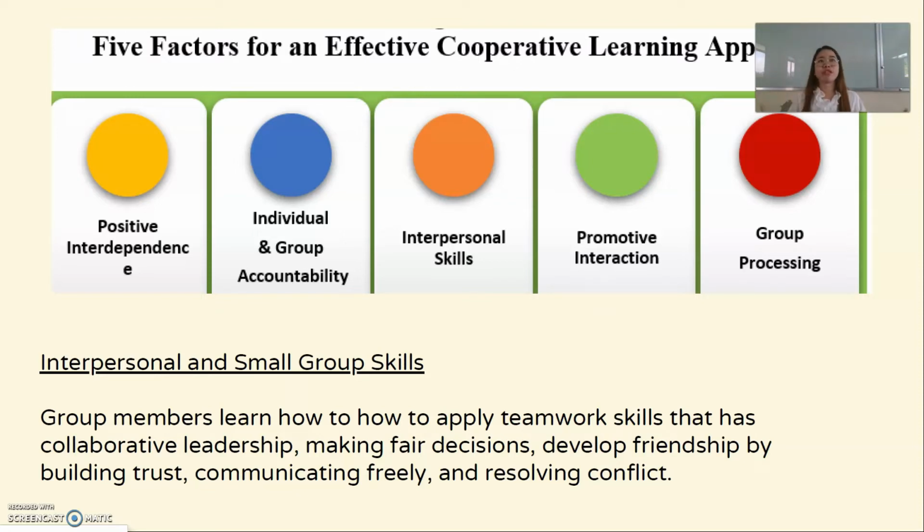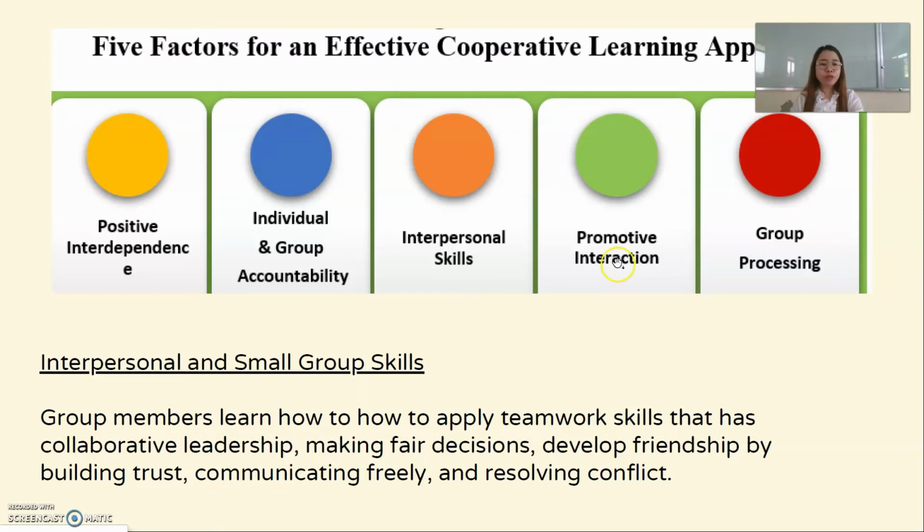Group members will be able to develop their teamwork skills. They may discover students who have leadership potential. And we can develop the decision-making skills of our students. Aside from building friendship, they will also be able to develop their abilities in solving conflicts within the groups.